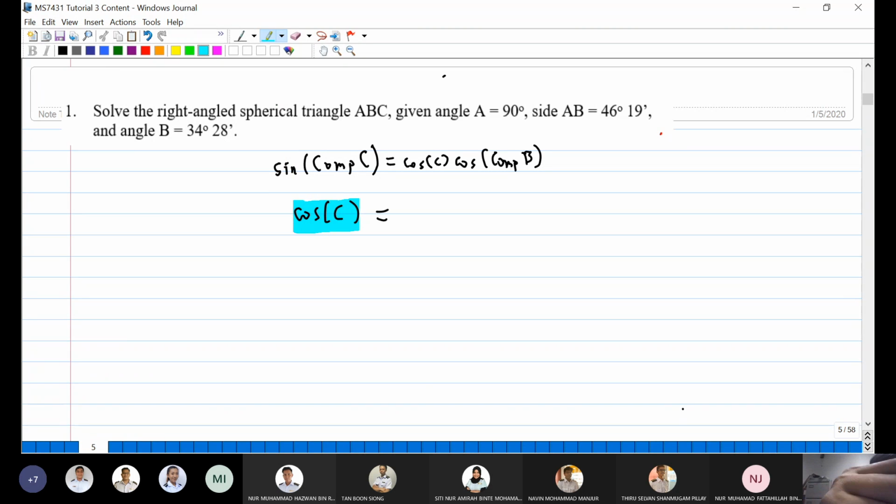Now cosine of C is just cosine of C there. Now cosine of co-B, I use a green color one. This is sine of B now.